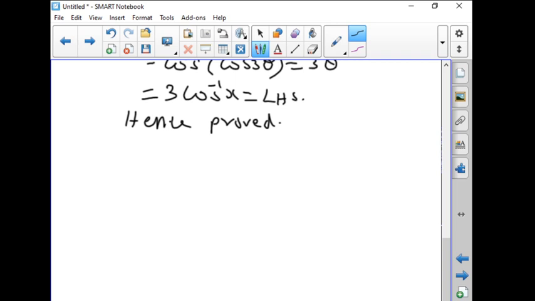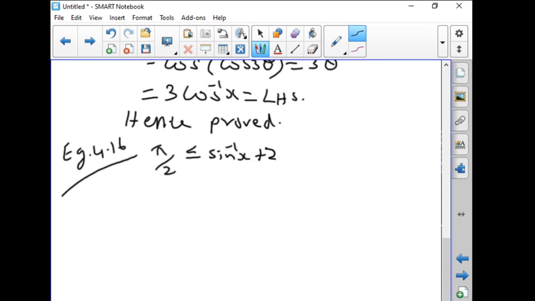Now coming to example 4.16. Prove that pi by 2 is less than or equal to sine inverse of x plus 2 cos inverse of x less than or equal to 3 pi by 2.